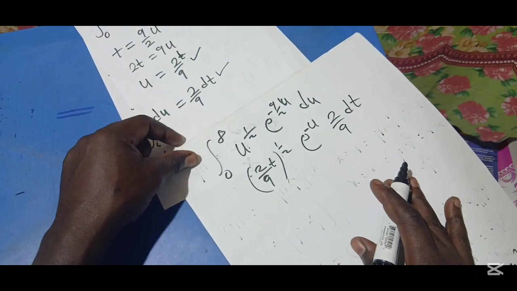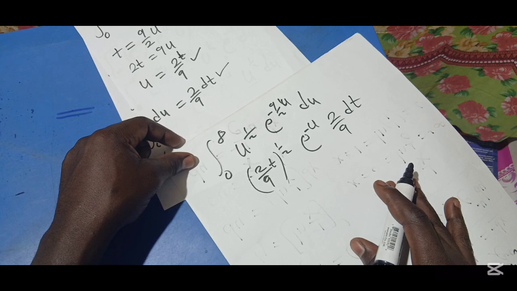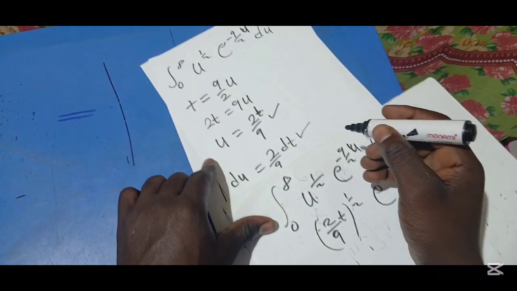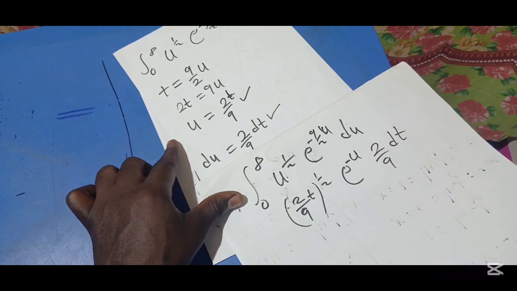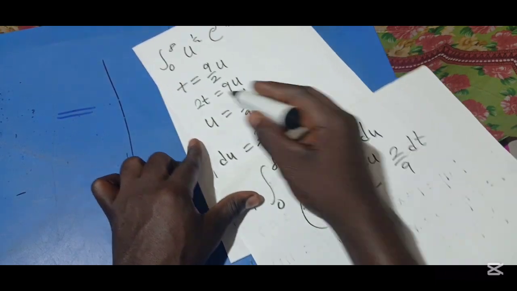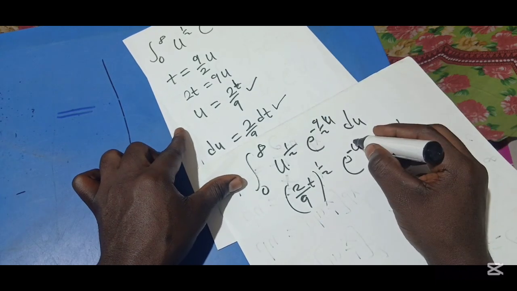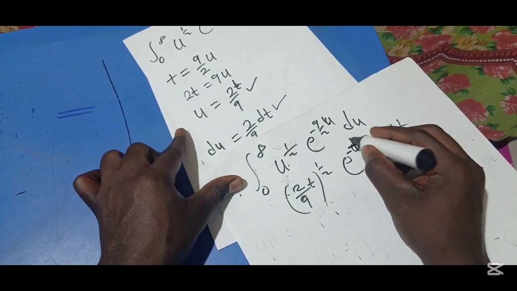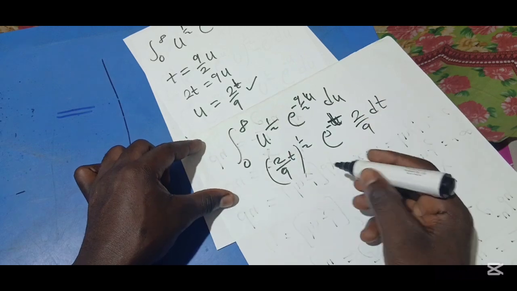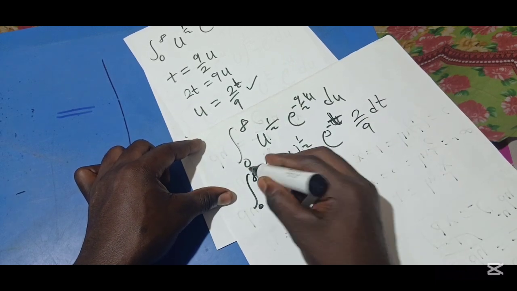So now everything is changed to t. This term here, we said should be equal to t. At the end of the substitution, you can see that everything is changed to t. Integral from 0 to infinity.